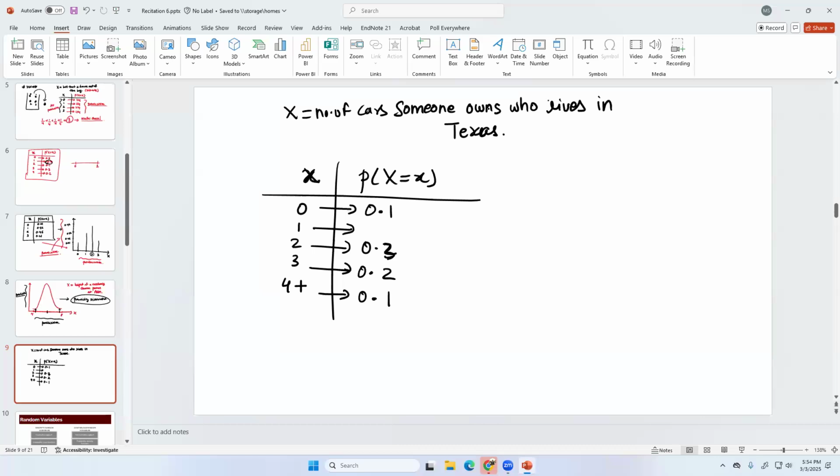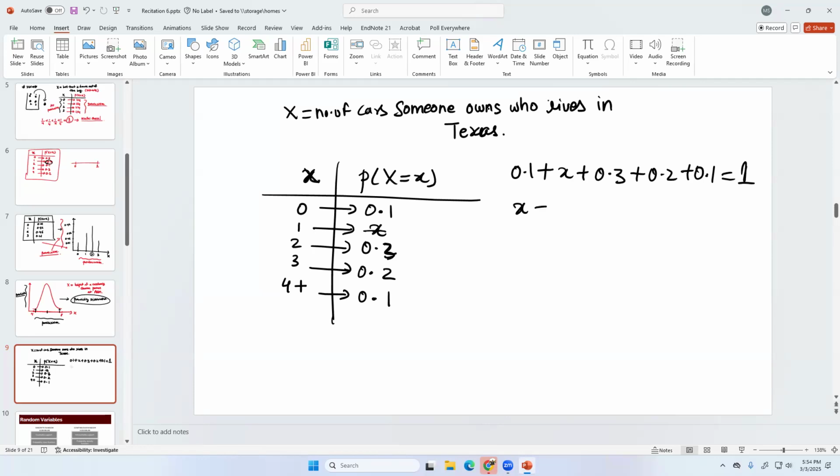Now, if I give you this and I ask what is the probability that someone has only one car, how do you find it? True, that's how we do it, right? So as I said earlier, all of these probabilities must add up to 1. So if this is missing, it's 1 minus all of these things, right? So if this is X, then 0.1 plus X plus 0.3 plus 0.2 plus 0.1 must be 1, right?